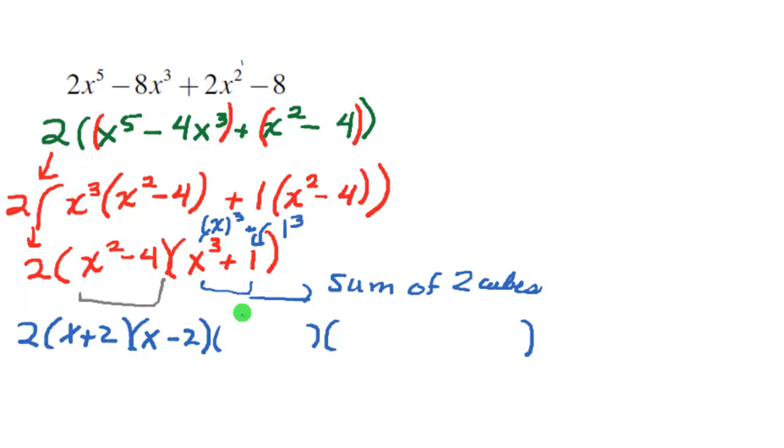So this binomial is x plus 1. And then the trinomial is going to be x squared, you square this guy. The middle term is negative. Then you multiply those 2, which is x. And then you add the square of this guy, which is 1.